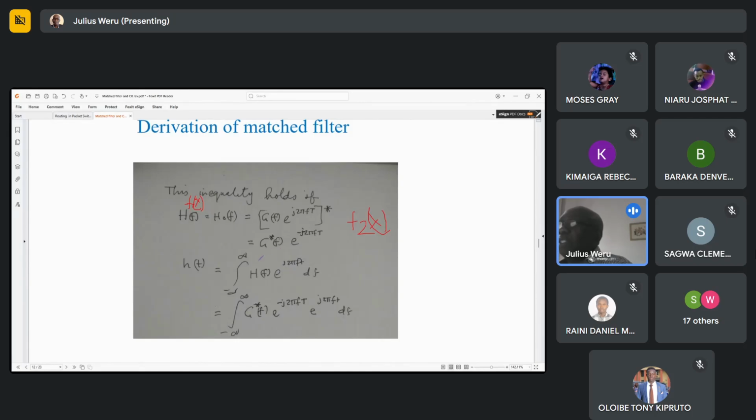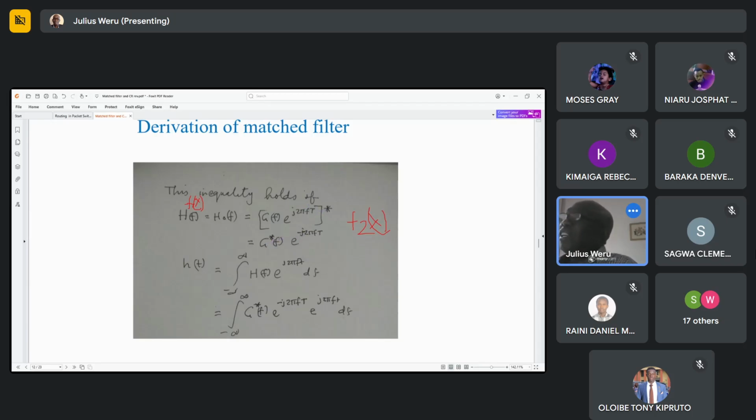Now, what we want to find out is the second one, about the time-reversed and delayed version. So we have this equal to this, which is the same as this. You can move the conjugate from outside and make it a conjugate of G(f).